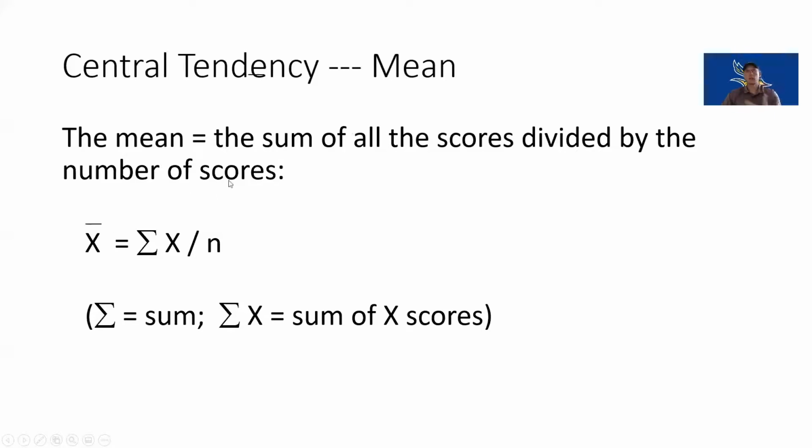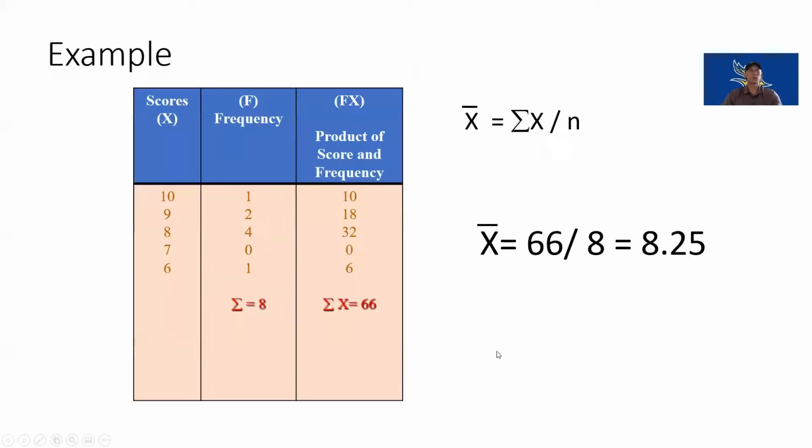How we calculate the mean is the sum of the variables divided by the number of variables. It gives us the average score. Remember sigma here, the sum of X scores, is the sum of the variables. Our total frequency here is 8, and the product of the frequency and the scores is how often it occurs multiplied by the value.